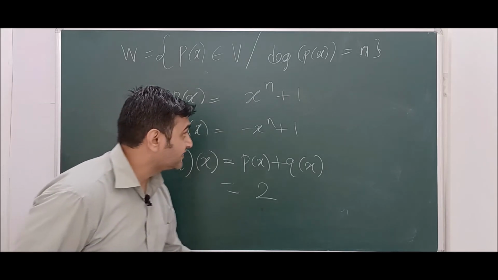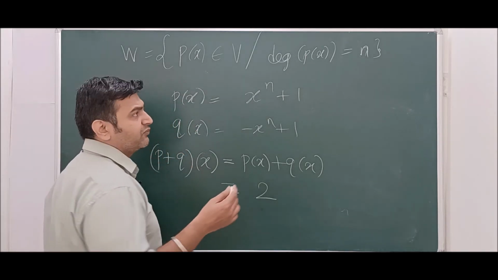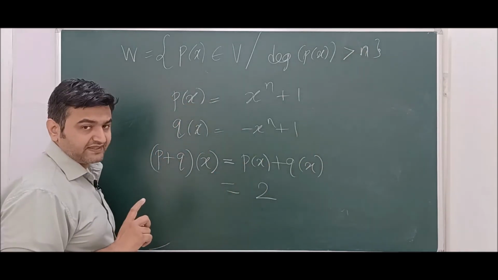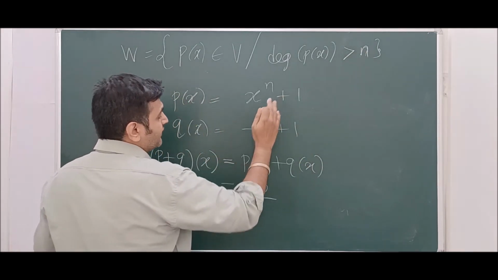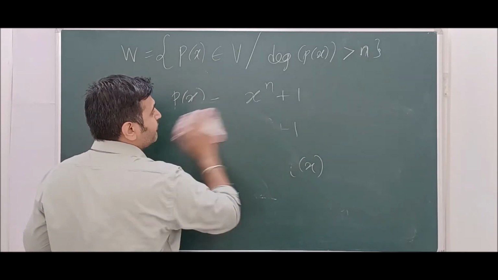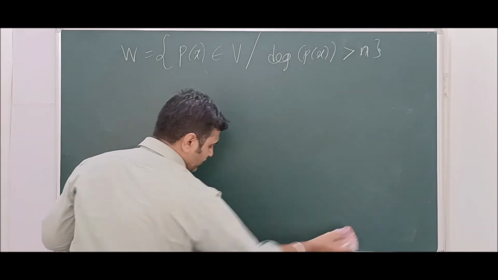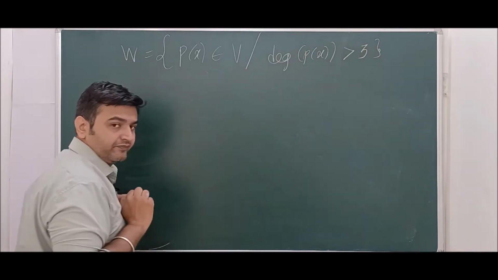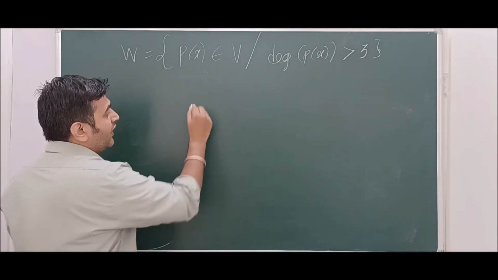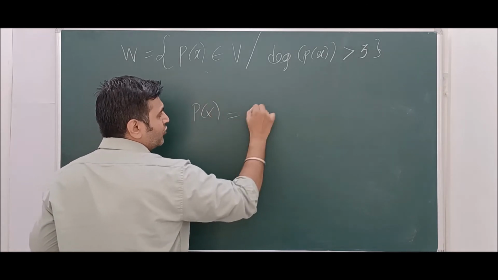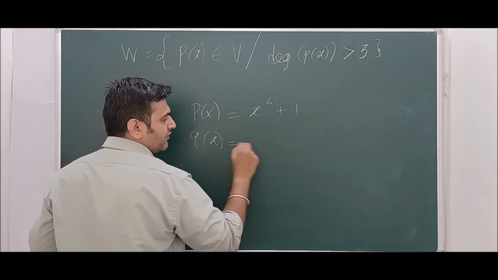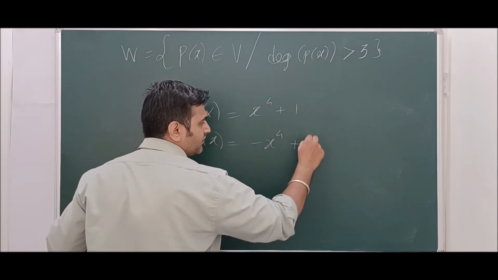So that's about equal to, and the same problem is with greater than. This also does not form a subspace. Why? Because if I take a polynomial of degree bigger than n, for simplicity, let me take n equal to 3. Now you take p of x to be x raised to 4 plus 1 and q of x as minus x raised to 4 plus 1.